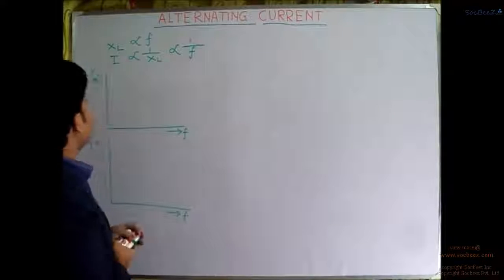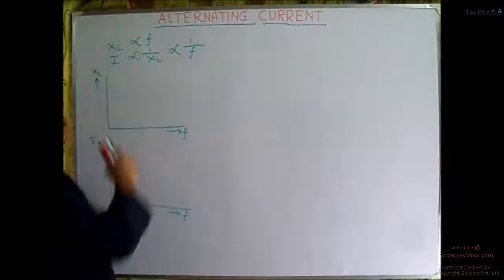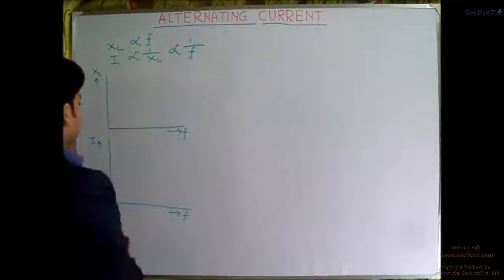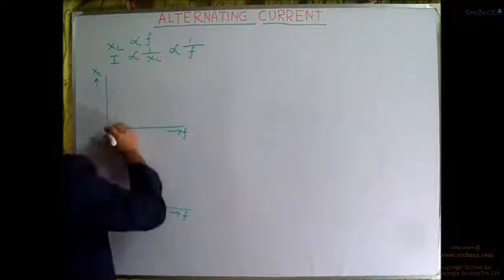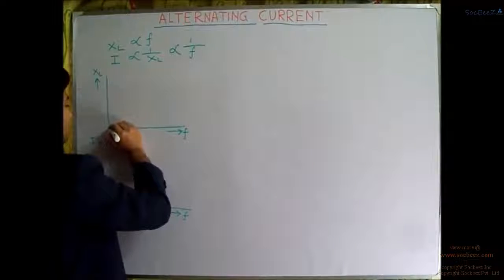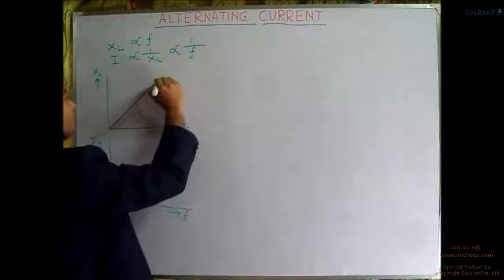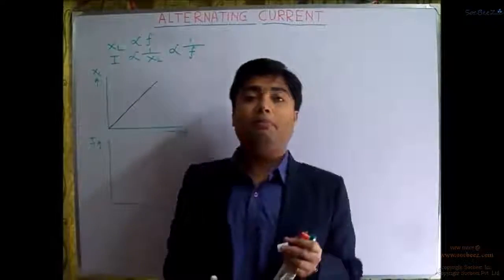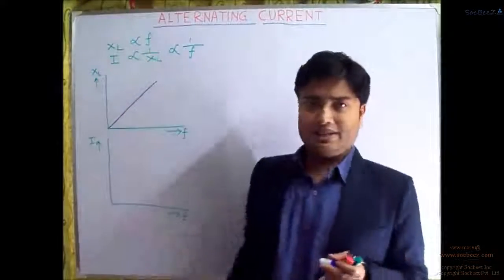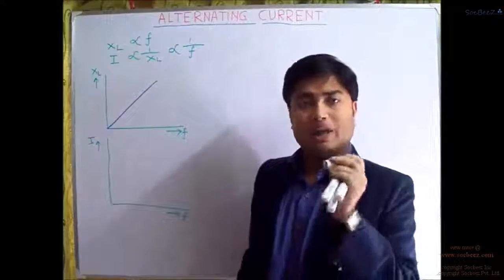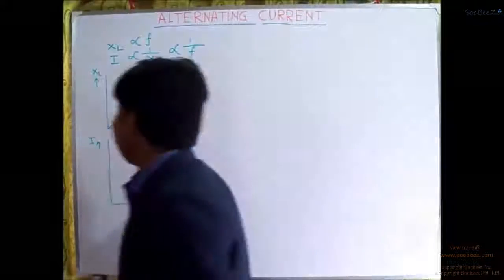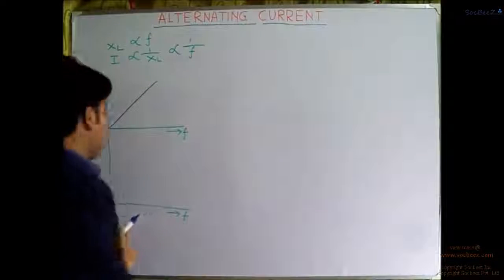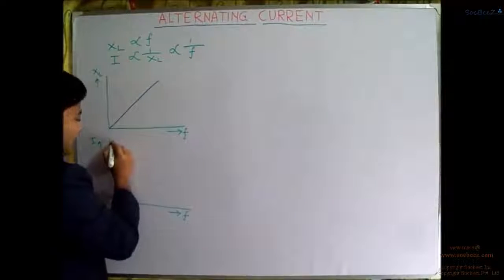So as we see that XL is directly proportional to F, we will see the graph like this. That XL over here is directly proportional to the frequency of the AC supply. And the graph for I, which is inversely proportional to F, shall look like this.